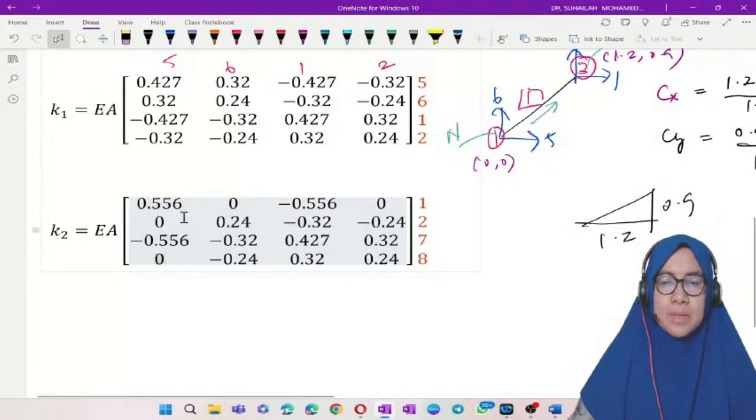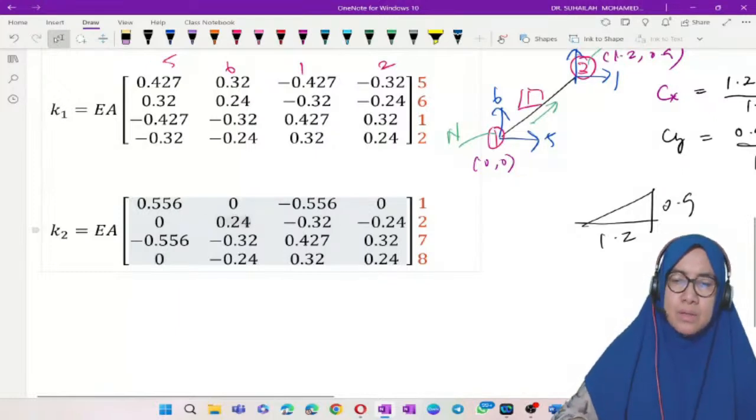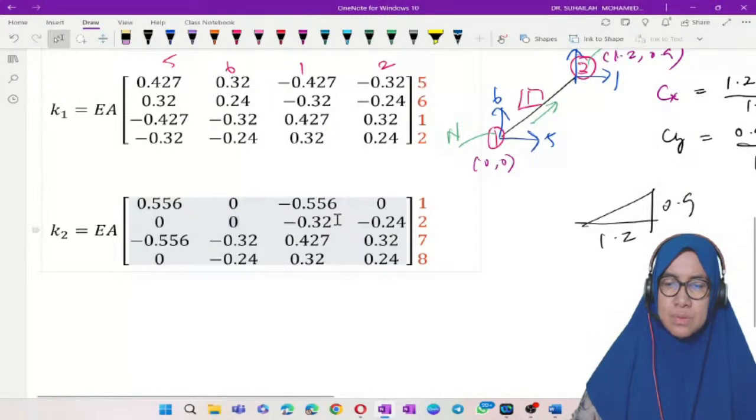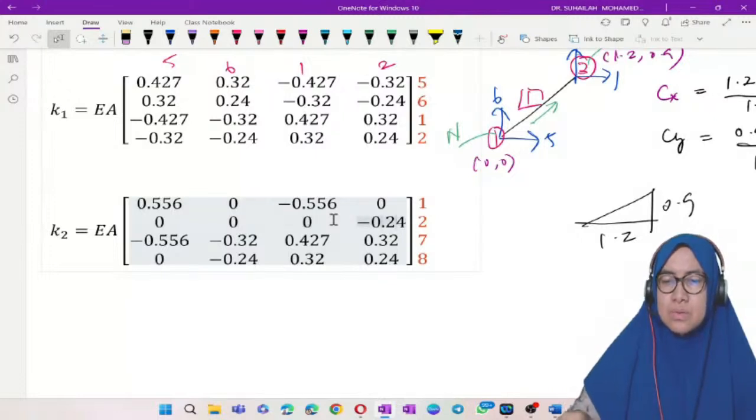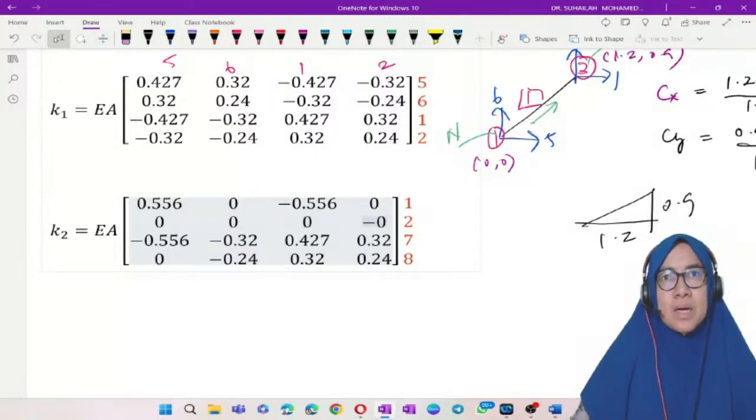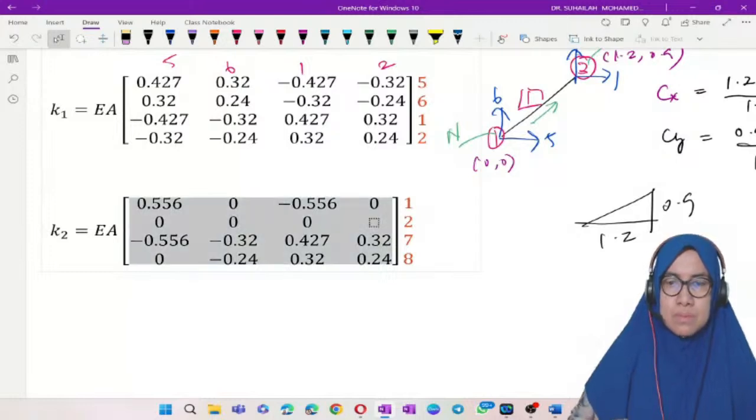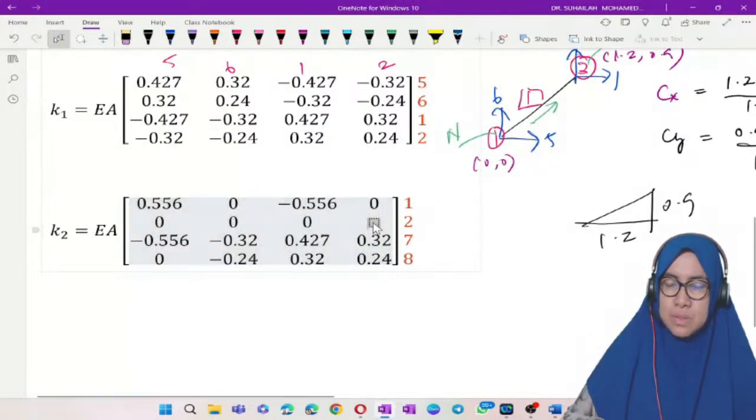Okay, and this one we will get 0. This one also we will get 0. This is also 0. This is also 0. Okay, this is also 0.